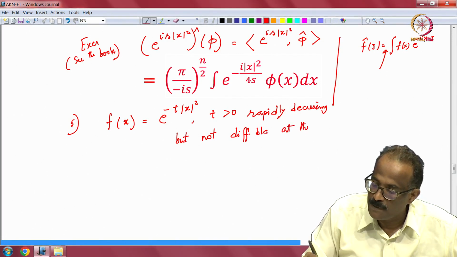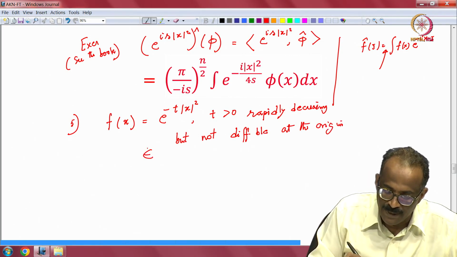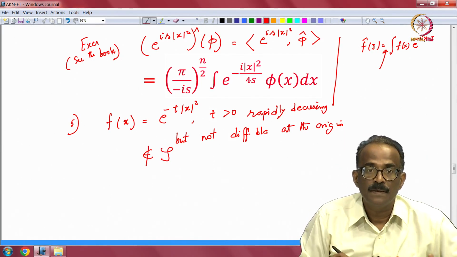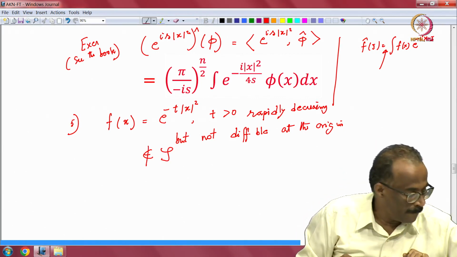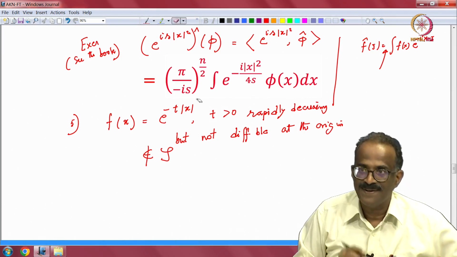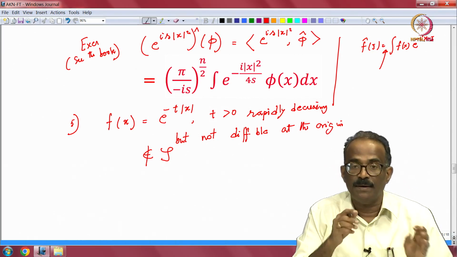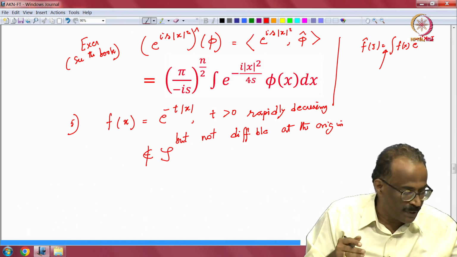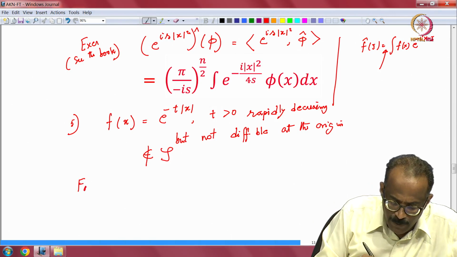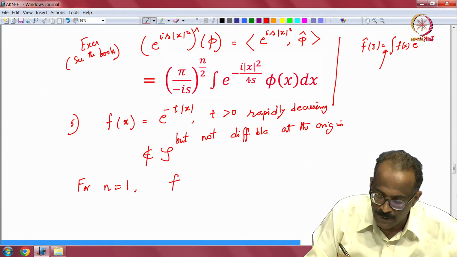Hence, this is strictly speaking not in the Schwartz class. So this is not like e power minus mod x square which you have already computed. So for n equal to 1, let me write down the answer, you can actually compute this one.